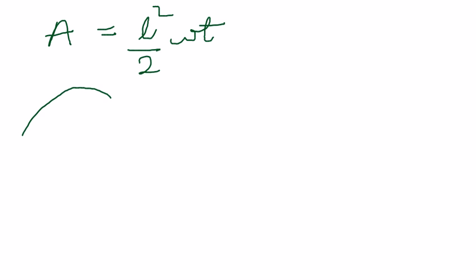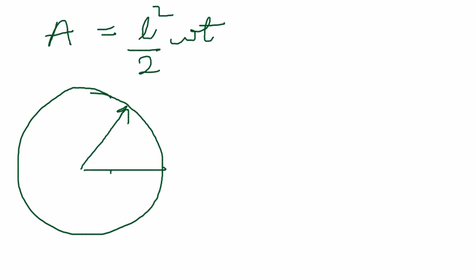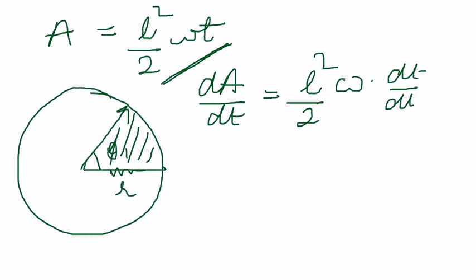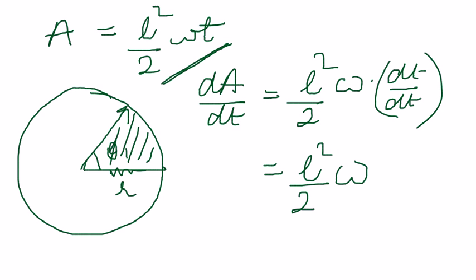Area swept by the rod when it has moved an angle theta 1 in time t seconds is equal to this. So what is dA dt then? dA dt is equal to L square by 2 omega dt by dt. This becomes equal to 1. So you have L square by 2 omega.